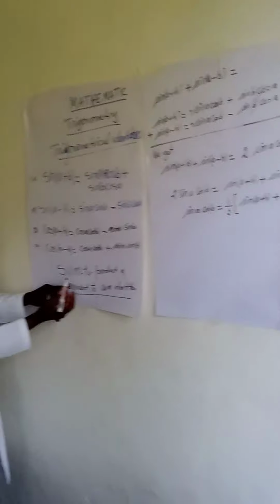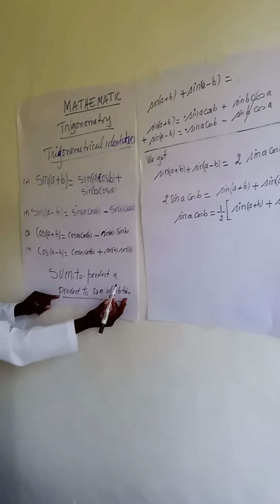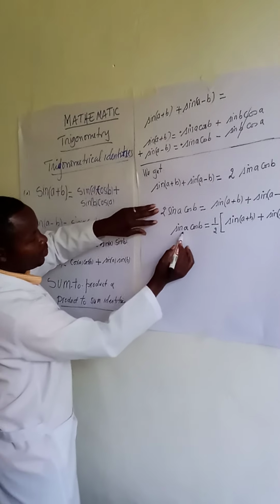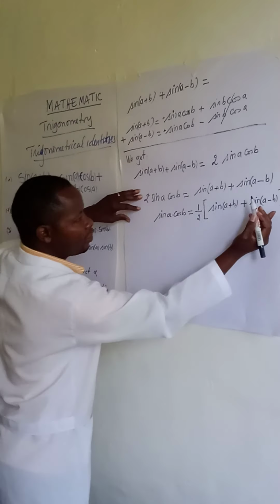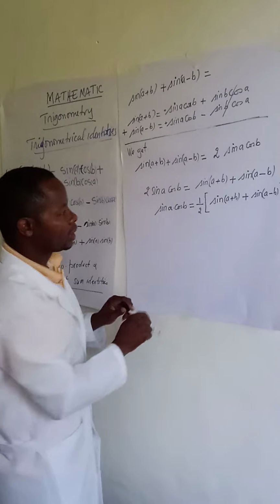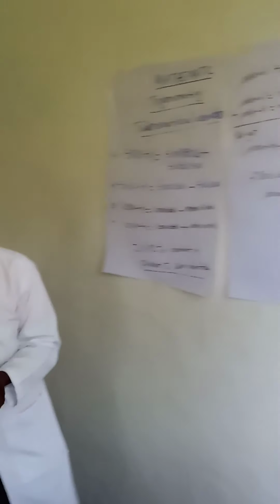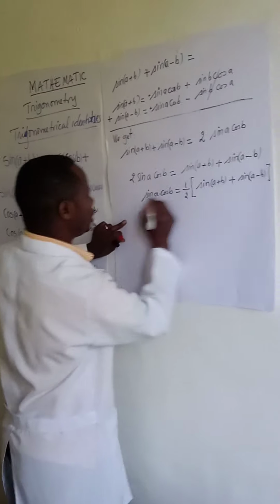We say sum to products and product to sum identity. The sine of A times the cosine of B is a half of sine of A plus B plus sine of A negative B.